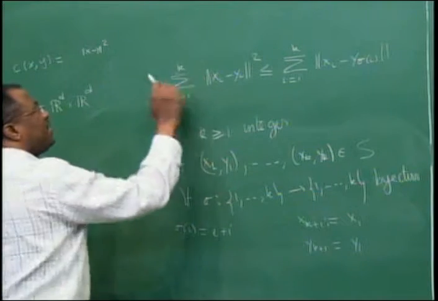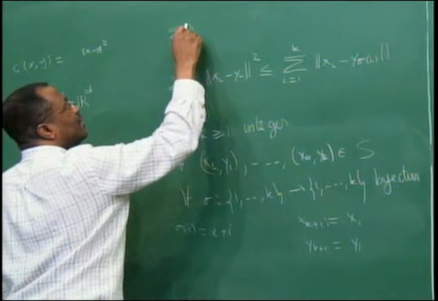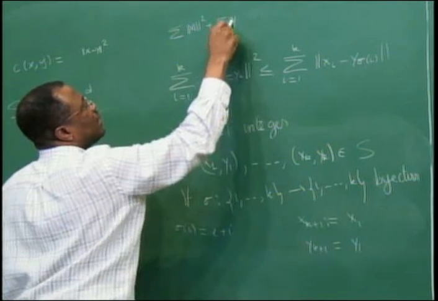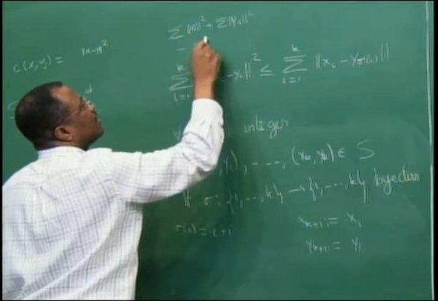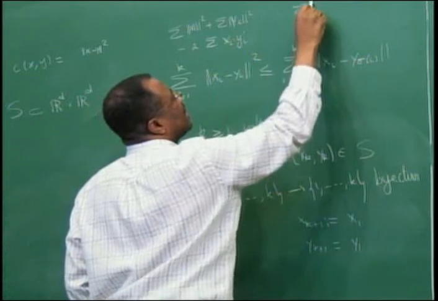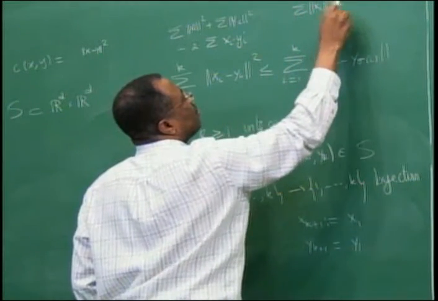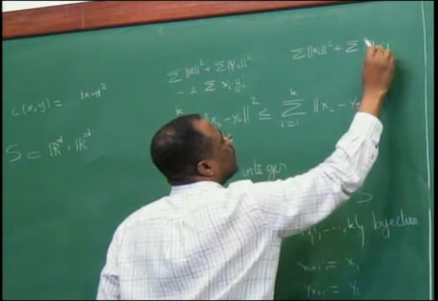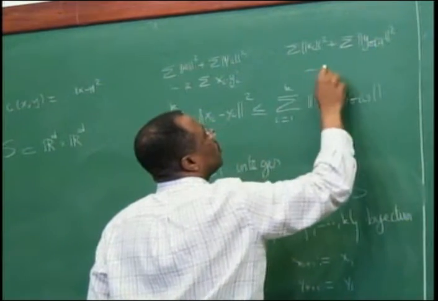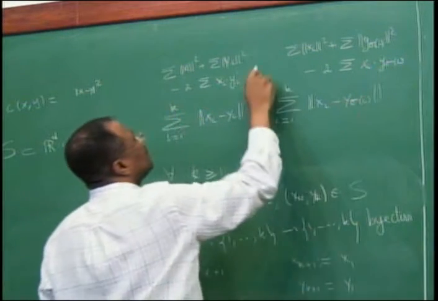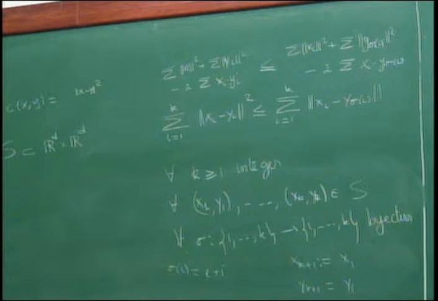Now, the left-hand side is the sum of xi squared plus the sum of yi squared minus twice the sum of xi yi. The right-hand side is the sum of xi squared plus the sum of y sigma(i) squared minus twice the sum of xi y sigma(i). So can I simplify this?